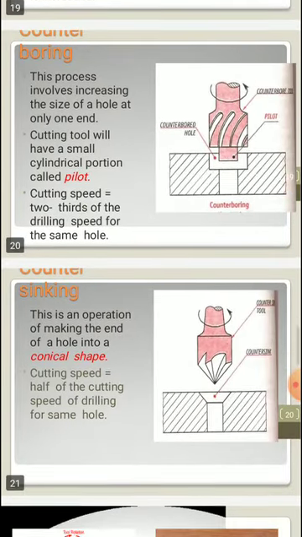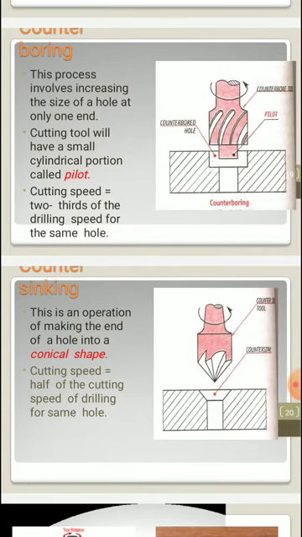Then we will move on to the next operation, that is countersinking. This is an operation of making the end of a hole into a conical shape. Most of the times you might have observed screws or bolts which have a conical shape at the top, which needs to be fitted in the workpiece in certain applications.